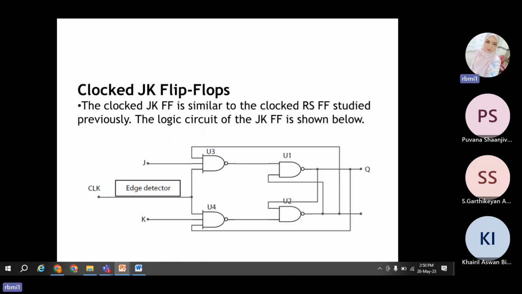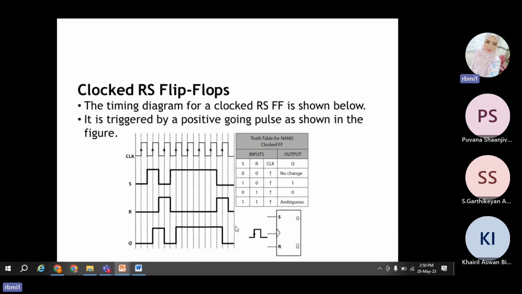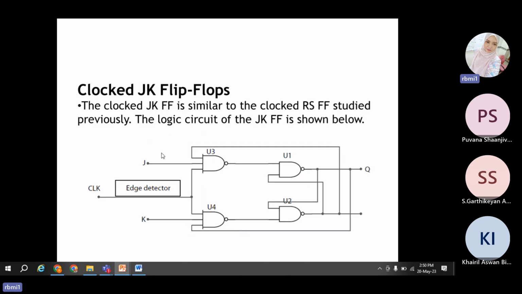Okay, next we have the clock JK. For clock JK, the input is slightly different here. Now we have inputs like this one here, called RS here, and for clock JK it will be different.